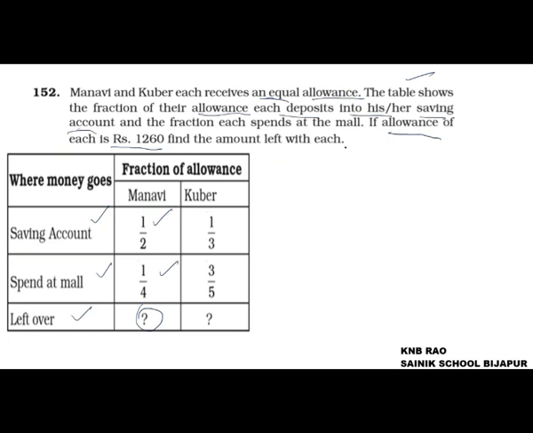First, let us take the case of Manvi. In the case of Manvi, he is saving half of the money into the bank account and spending 1/4 of the money at the mall. Now, to find how much he will be left with, we can do this easily.